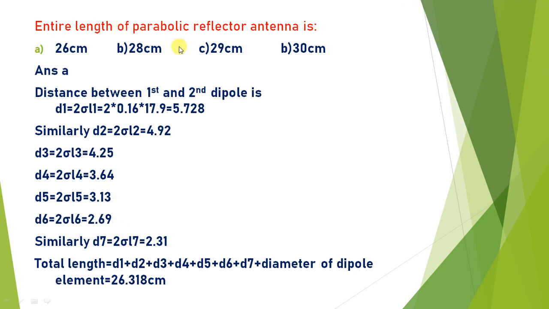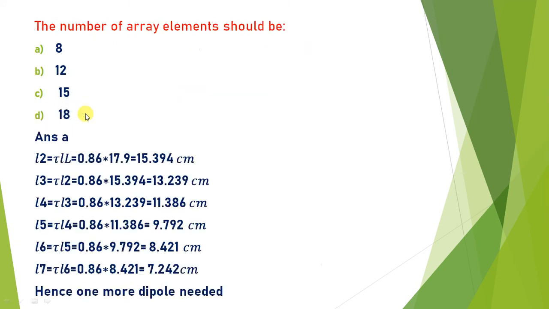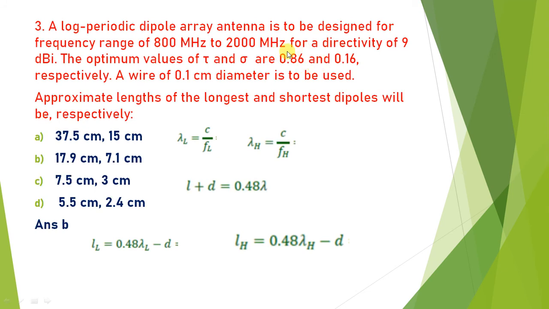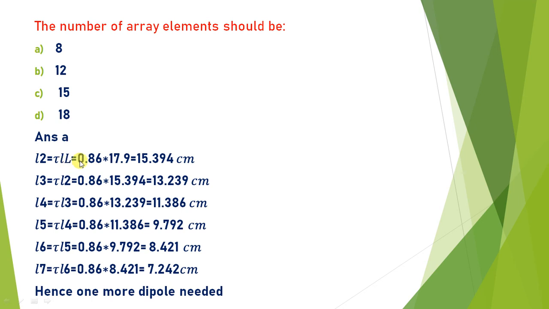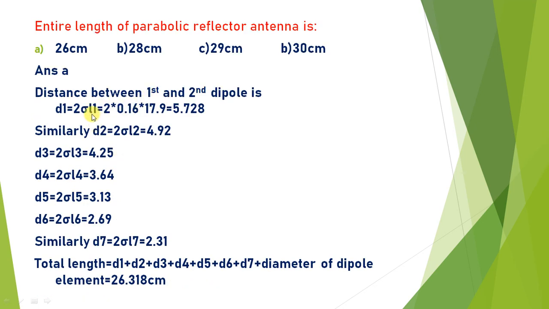What is the entire length of the parabolic reflector antenna? We have a total of 8 array elements, so we have to find the distance between all the elements. Let us calculate the distance between the first and second dipole, d1, which is equal to 2 sigma L1. Sigma is also given to you in the original example as 0.16.